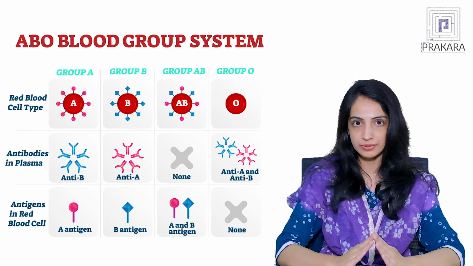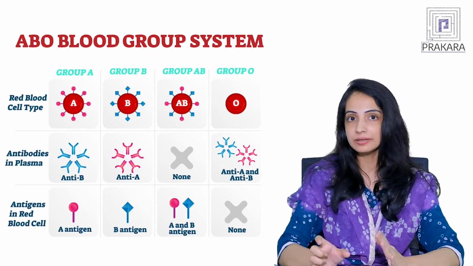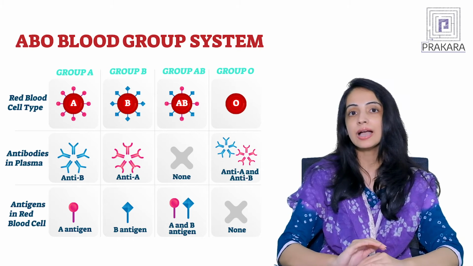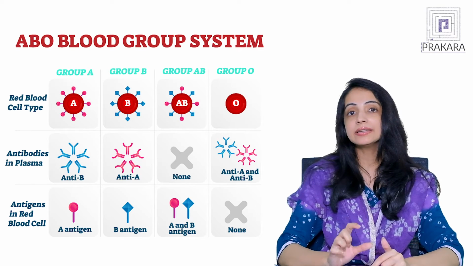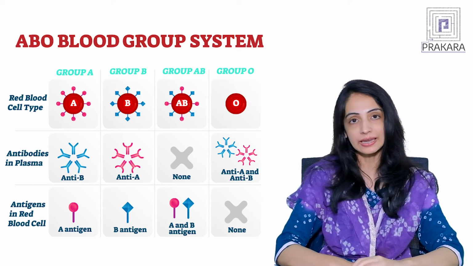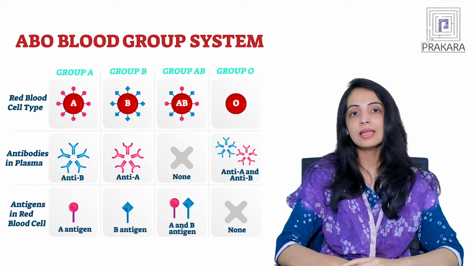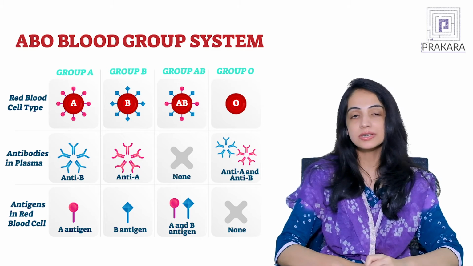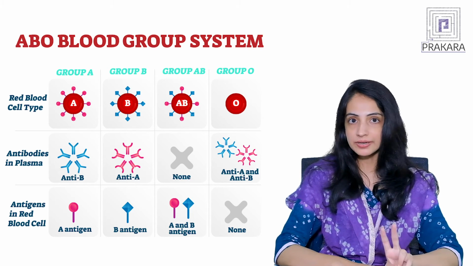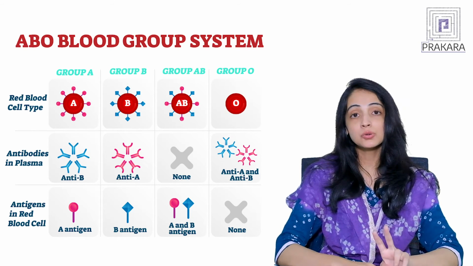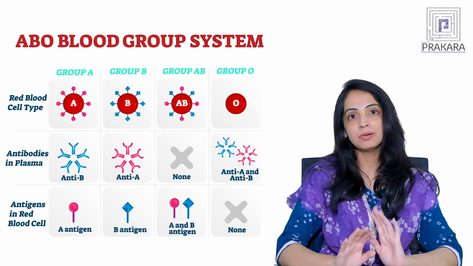For blood group A, the A antigen will be present, and according to Landsteiner's law, the corresponding antibody, anti-A, will be absent. Whereas the other antibody, anti-B, will be present in a person whose blood group is A. On the other hand, if you take AB, both antigens are present, so both antibodies will be absent from the plasma.